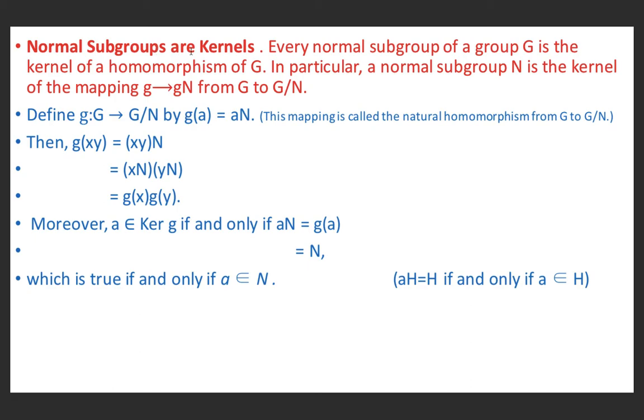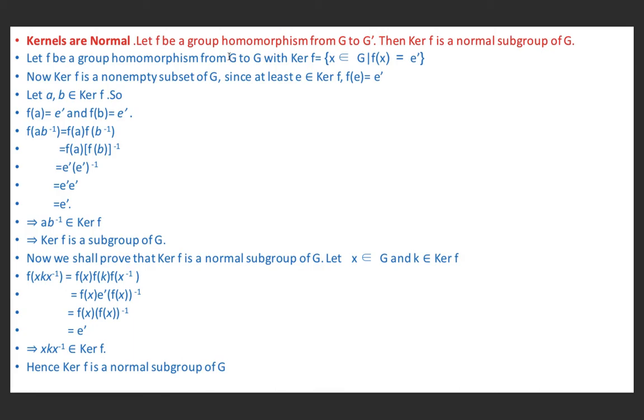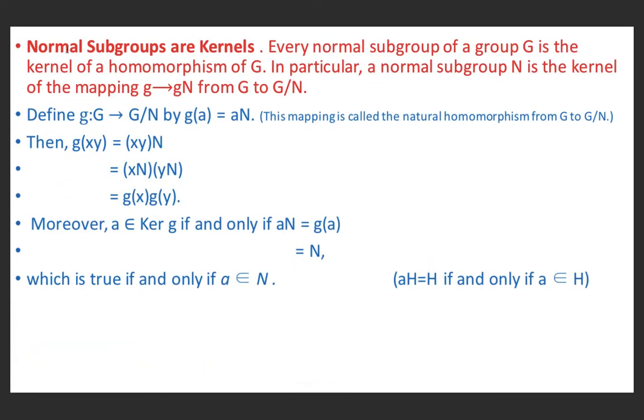Normal subgroups are kernels. In the previous result, we proved kernels are normal. Now we shall demonstrate that normal subgroups are kernels. Every normal subgroup of a group G is the kernel of a homomorphism of G. In particular, a normal subgroup N is the kernel of the mapping from G to G by N. G by N is called the quotient set, and it is the set of all cosets.